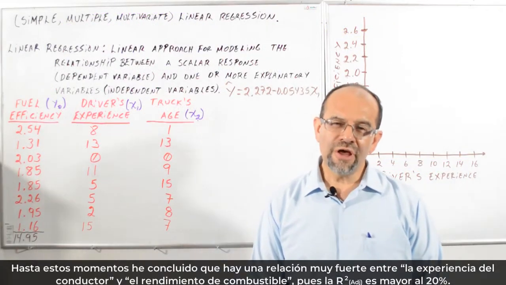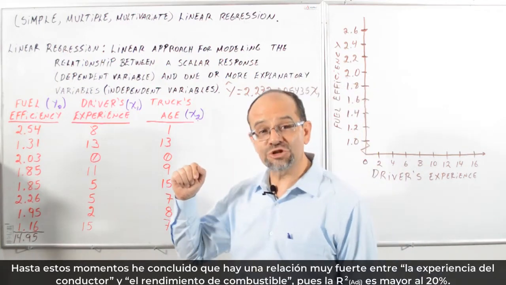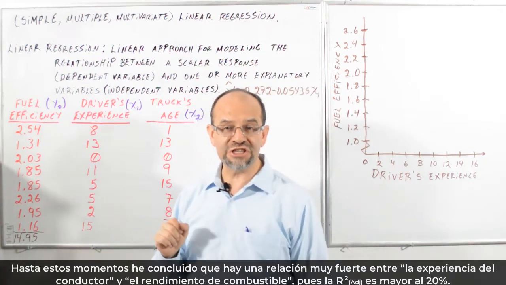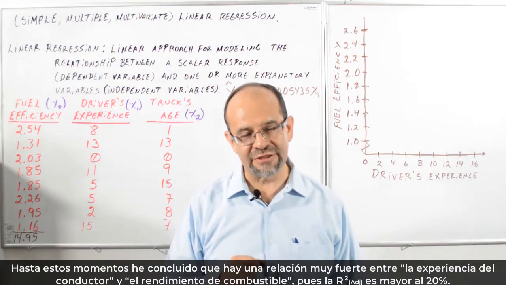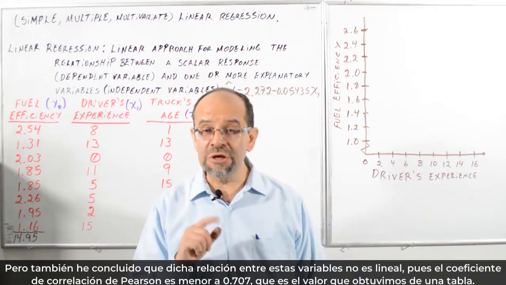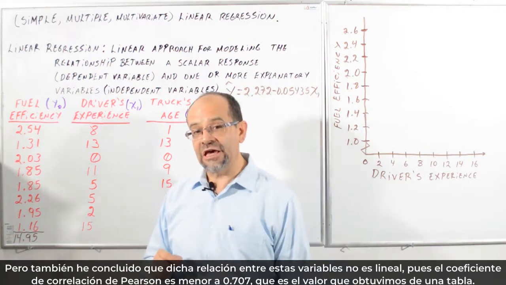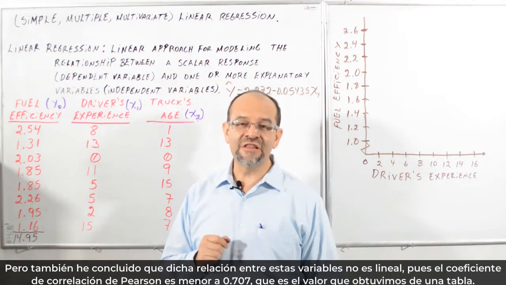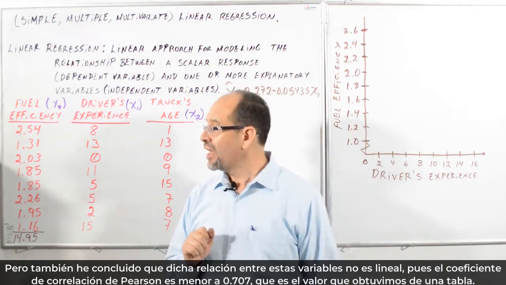At this point, I have concluded that there is a strong relationship between driver's experience and fuel efficiency because the R-squared adjusted is greater than 20%. But also I have concluded that the relationship between those two variables is not linear because the coefficient of correlation of Pearson is smaller than 0.707, which was the value that we got from a table.